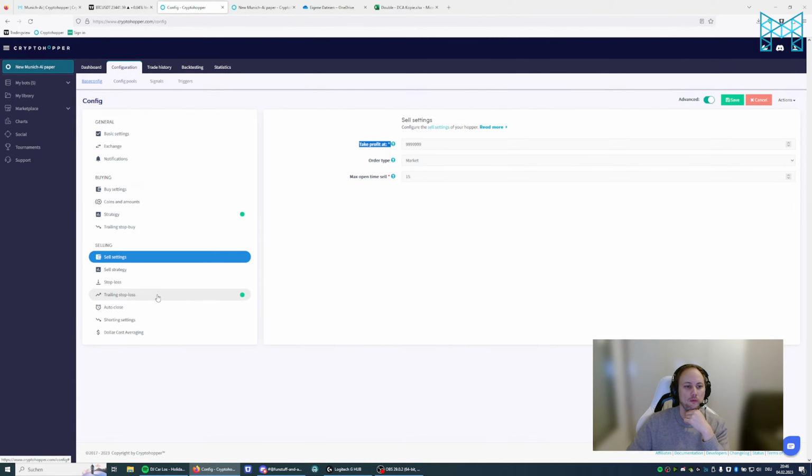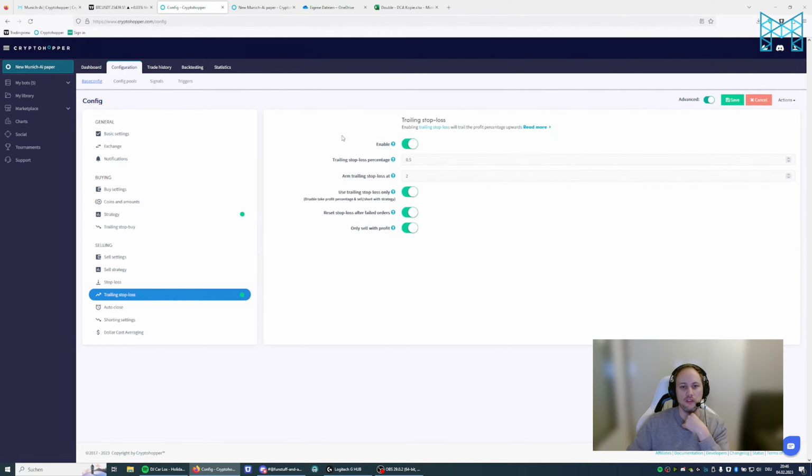But we use another function: trailing stop loss. Trailing stop loss means if we have reached 2% and we're going up more, the bot stays in the trade, in the position. But if we drop down by 0.5%, then we sell. So it can go up, up, up, up, up, but as long as it's not dropping under 0.5%, we stay in the trade.